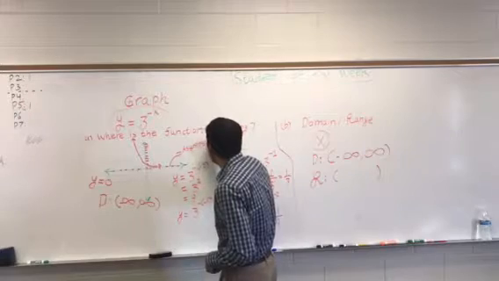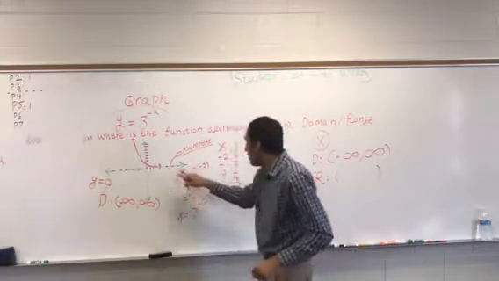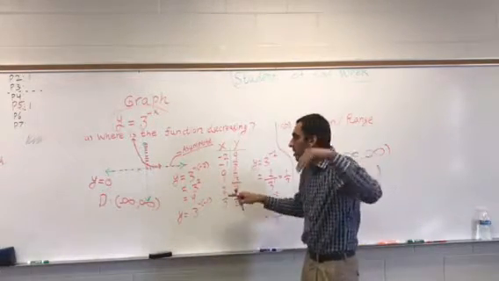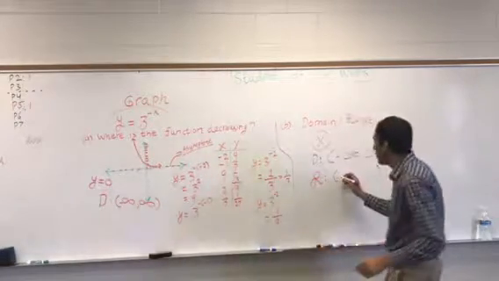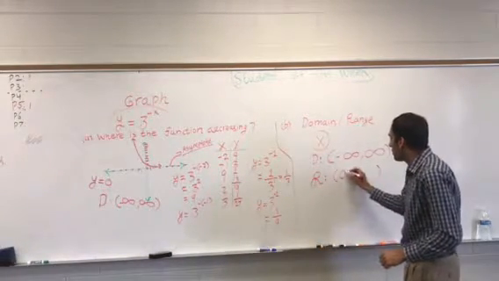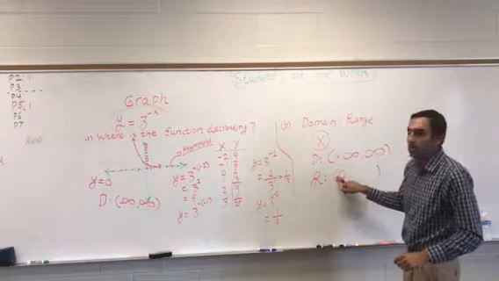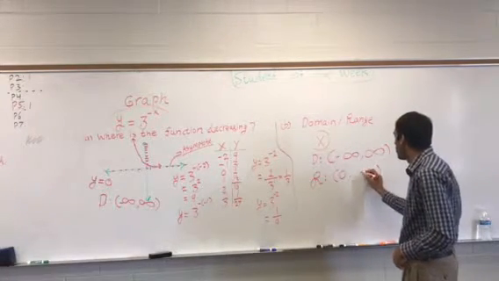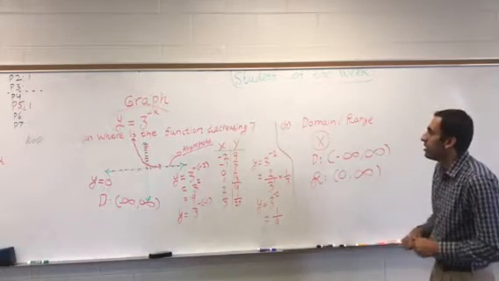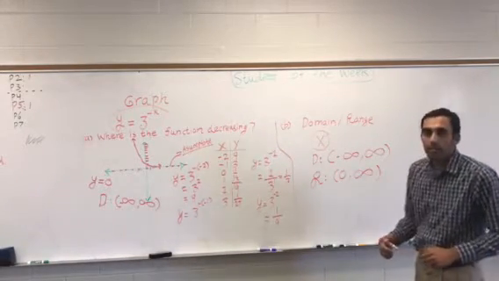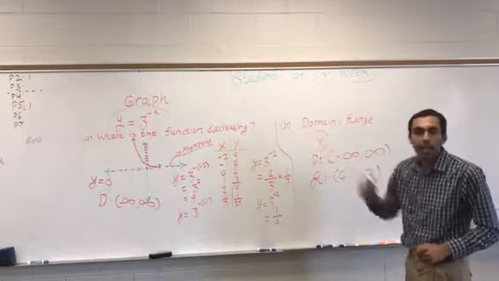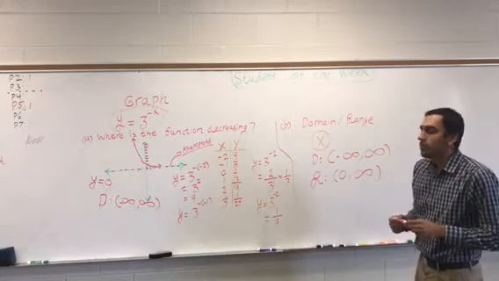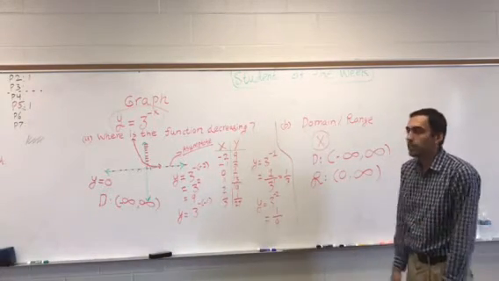But you are not actually getting to 0. So your range is going to be 0, not inclusive, you do not include 0, all the way to positive infinity. So that right there does it. You got the domain and range, and you got where the function is decreasing. And that's it. Thank you.